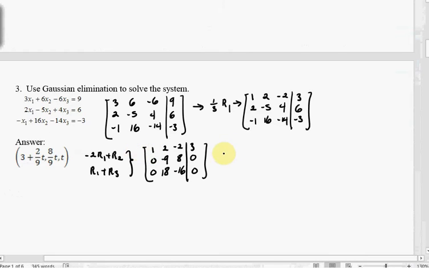Okay, anyway, so 2 times row 2 plus row 3. So that leaves row 3 with just all zeros.